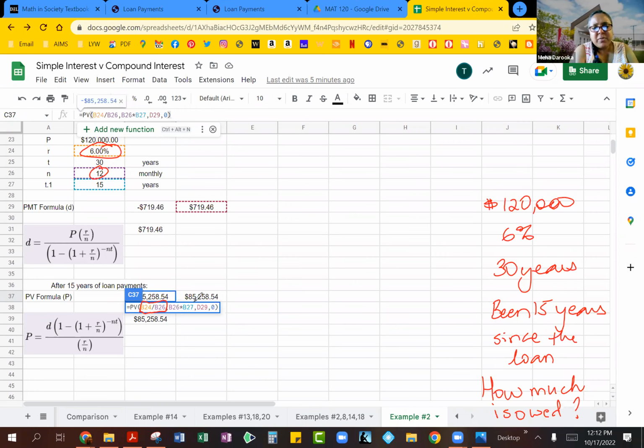Then for the second argument, you are doing n times t, which in this case would be the 12 times the 15 years now. Then for the D29, that's actually your monthly payment. So that's the 719 you should be using. And then since our future value has to be 0, that's the last argument. You put a 0 at the end. So make sure all 4 of those arguments have the right numbers in there.